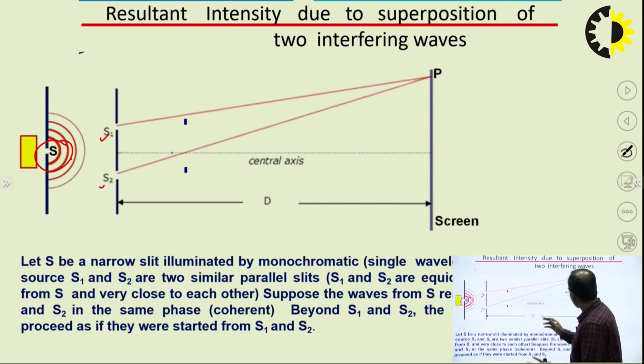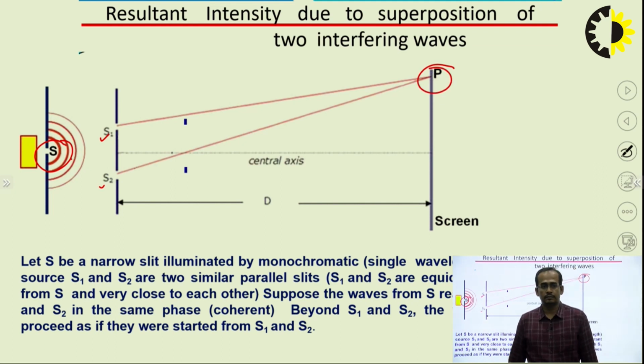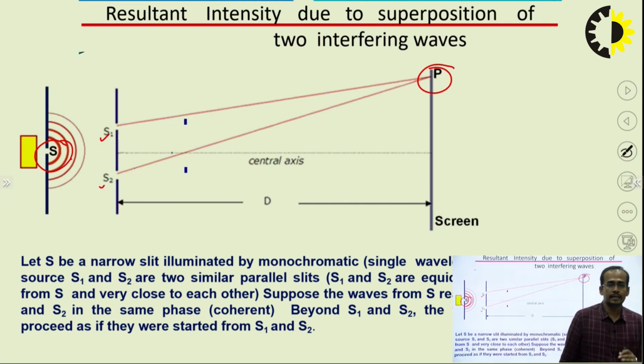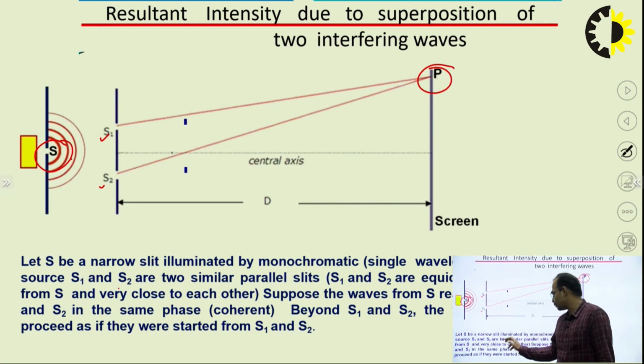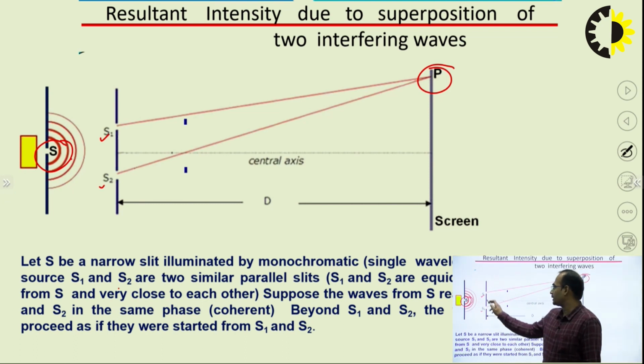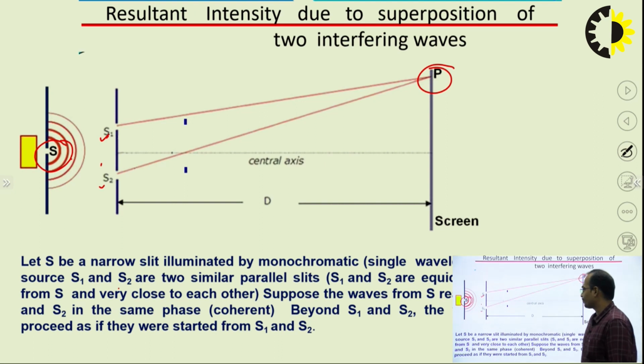Now what will be the resultant intensity at point P? Let S be a narrow slit illuminated by monochromatic single wavelength source. S1 and S2 are two similar parallel slits, and S1 and S2 are equidistant from S.